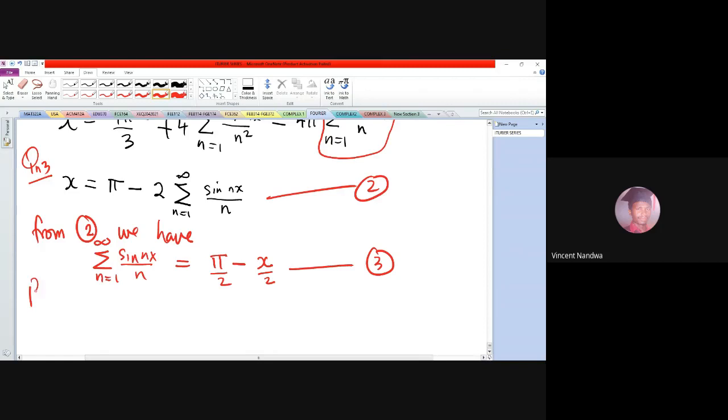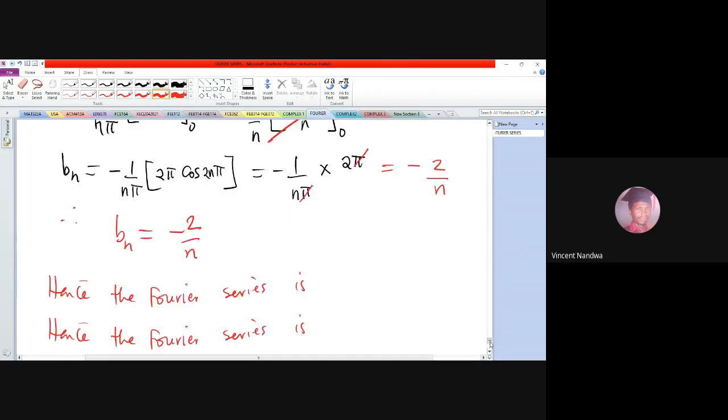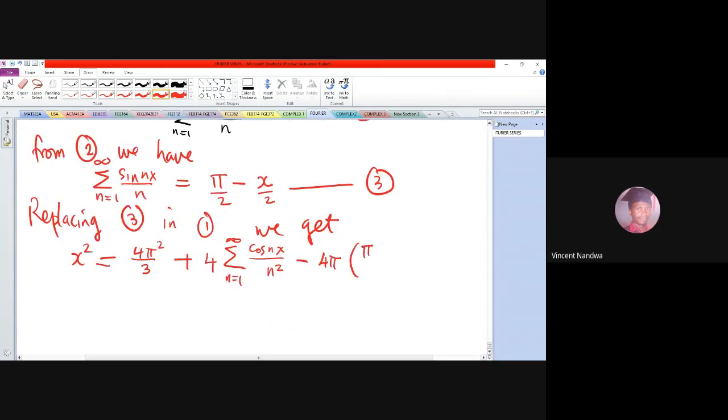So replacing 3 in 1, we get x squared equals 4 pi squared over 3 plus 4 summation n from 1 to infinity of cos nx over n squared, and then minus 4 pi, but where we have this one replaced by what we have obtained here, pi over 2 minus x over 2.